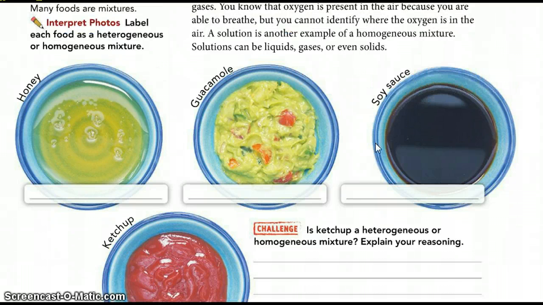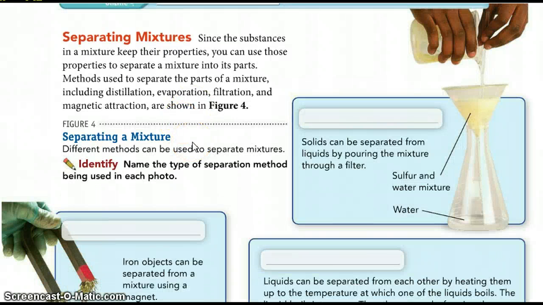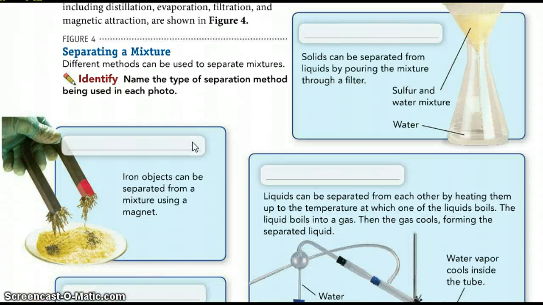Okay, so if we go over here to the next page, we're talking about separating mixtures out. Maybe they're really small, maybe it's homogeneous, and you've got to figure out a way to separate it anyway. Or maybe it's heterogeneous.